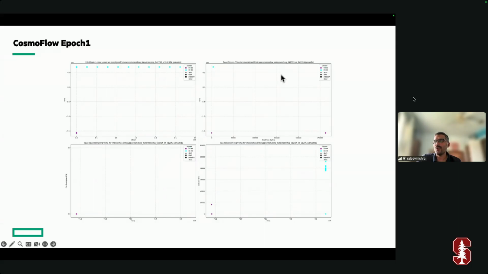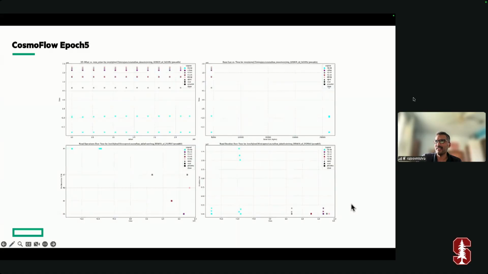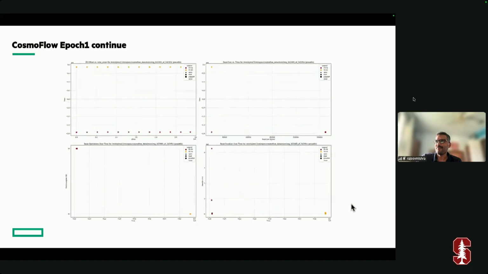And we can see in the time that it was again reading 256K. Most of them were 256K reads. It is not that IO intensive, and we can see that in this graph.